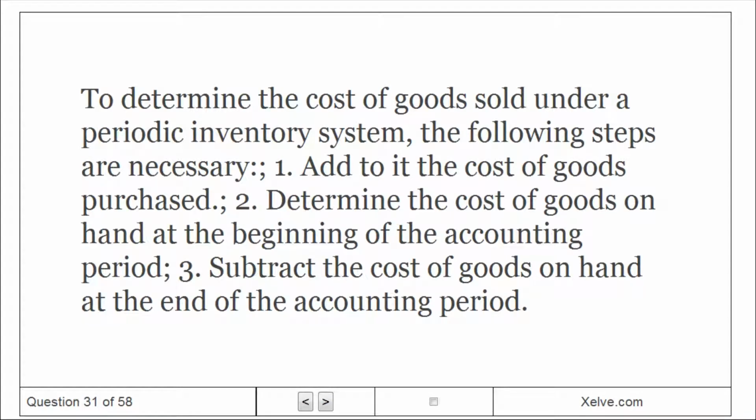To determine the cost of goods sold under a periodic inventory system, the following steps are necessary. 1. Add to it the cost of goods purchased. 2. Determine the cost of goods on hand at the beginning of the accounting period. 3. Subtract the cost of goods on hand at the end of the accounting period.